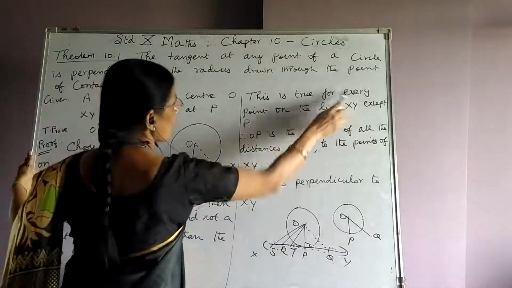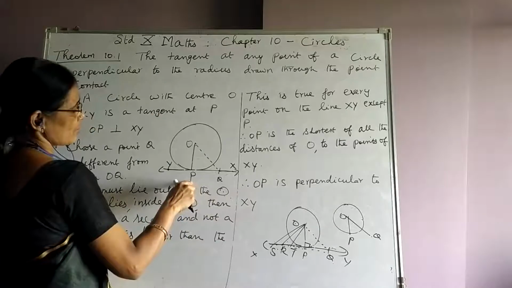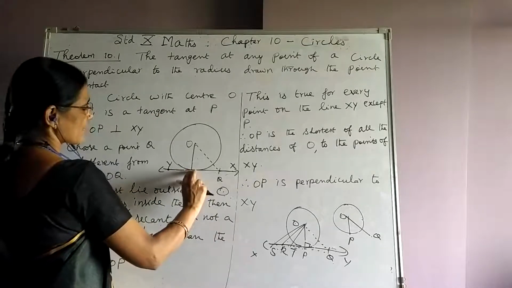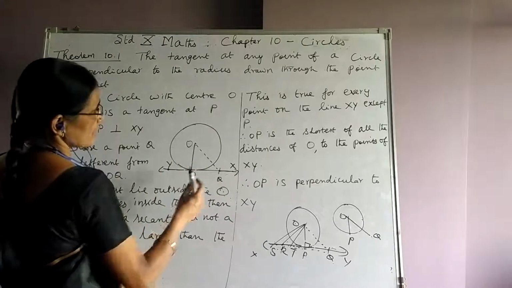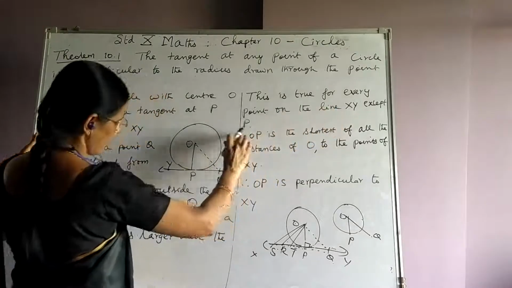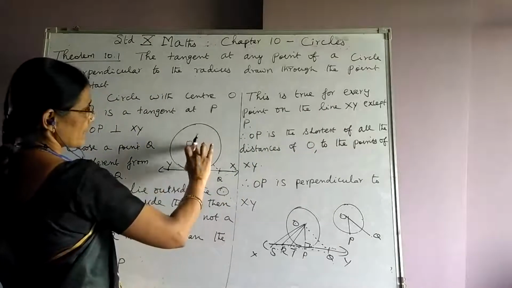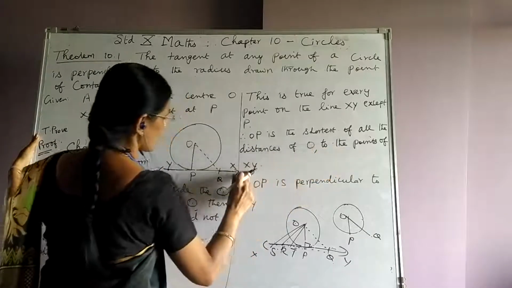This is true for every point on the line XY except which point? Except the point P. If you take a point here, anywhere, each and every point on the line XY except P satisfies this condition. Therefore, OP is the shortest of all the distances of O to the points of XY.